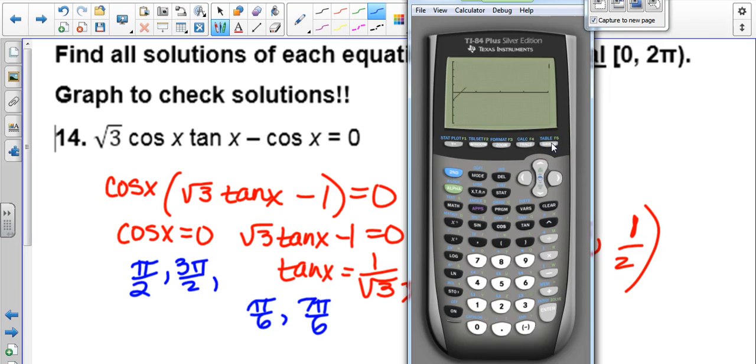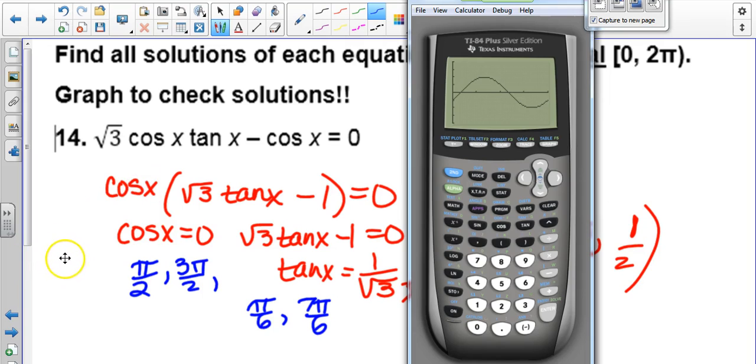Okay, this is what I get. What am I looking for? Where it crosses the x-axis. How many times did it cross the x-axis? 2. So I have a problem. I wrote down 4 solutions. The problem is always with the ones that have asymptotes, guys. What has an asymptote? Cosine or tangent? Tangent.